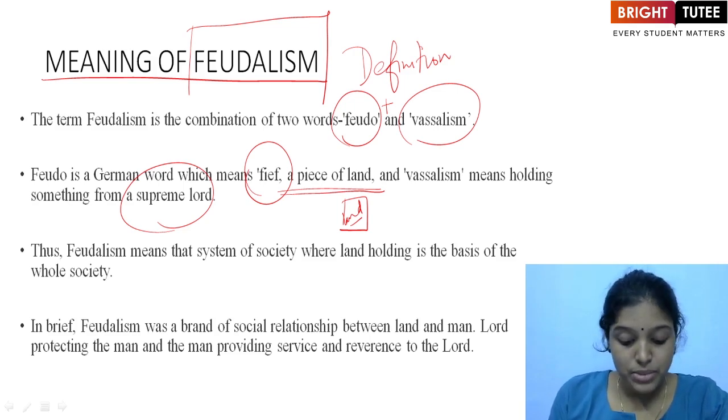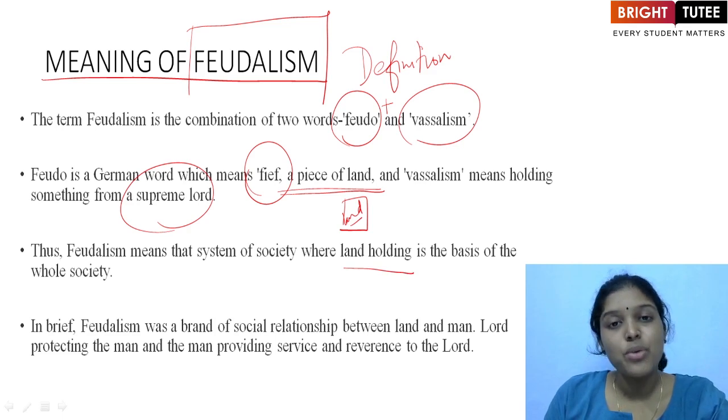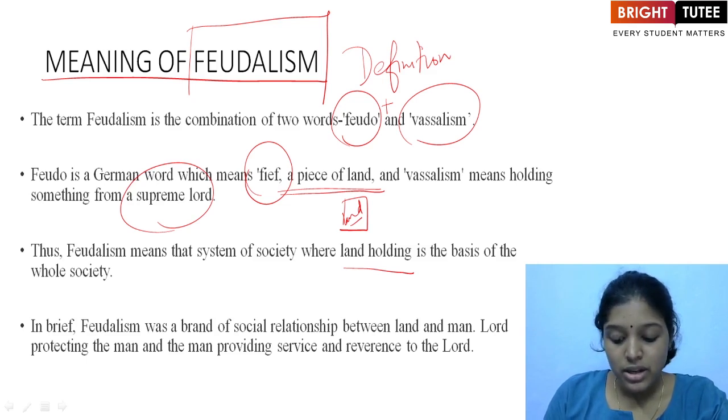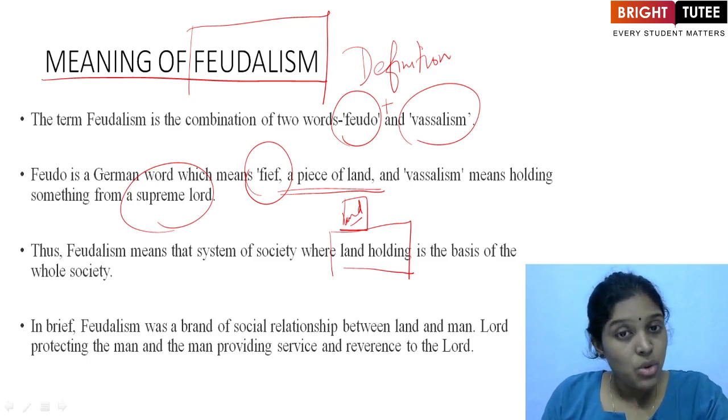Thus, feudalism means that system of society where land holding is the basis of the whole society. Most important to the feudal system is the land holding. Somebody is holding the land which he doesn't own, but which is owned by another person.